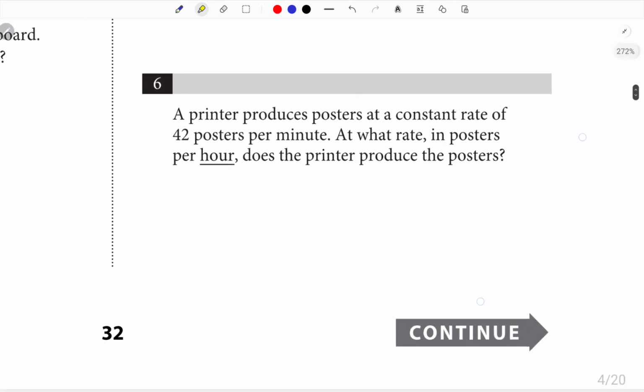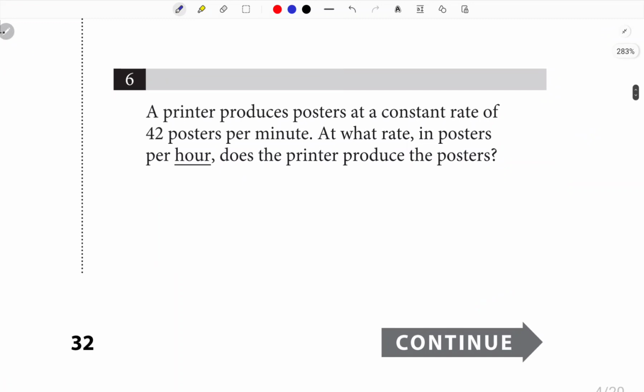And question 6. A printer produces posters at a constant rate of 42 posters per minute. What is the rate, in posters per hour, at which the printer produces the posters? Okay, 42 posters in 1 minute, and it asks what's the rate per hour.